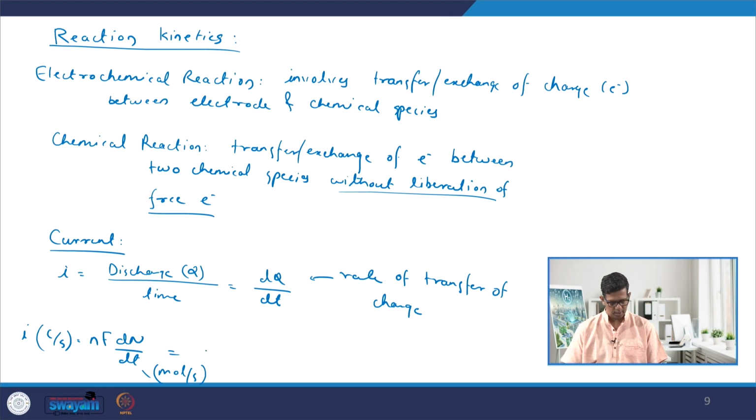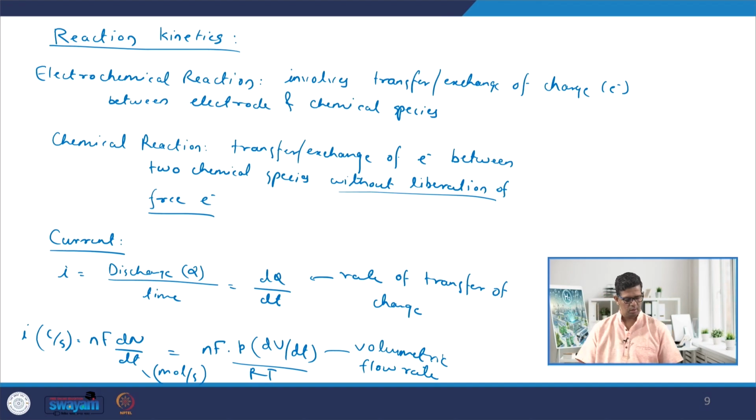Let us do that. We have to use the ideal gas equation, so we can write P dV by dt by RT, right. So this is your volumetric flow rate. That is how, if we have the flow rate known, we can find out the current that can be produced or rather used.